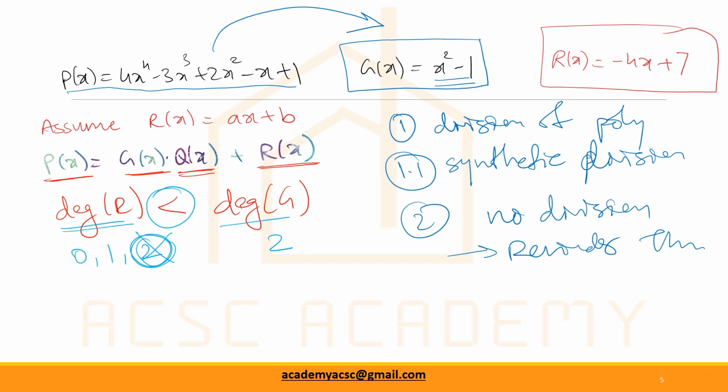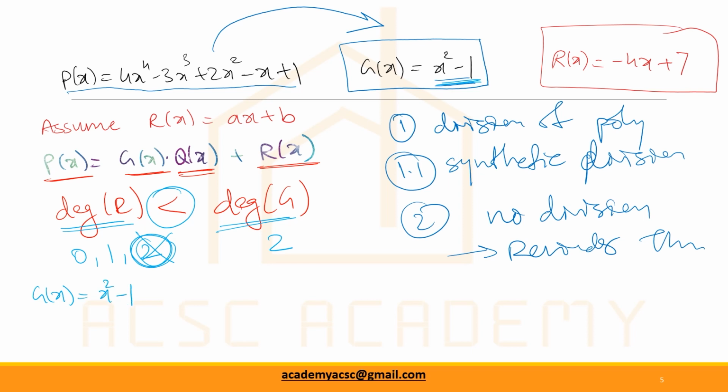So from this we reach the second method. In this case our g of x is a quadratic, which is x squared minus 1.